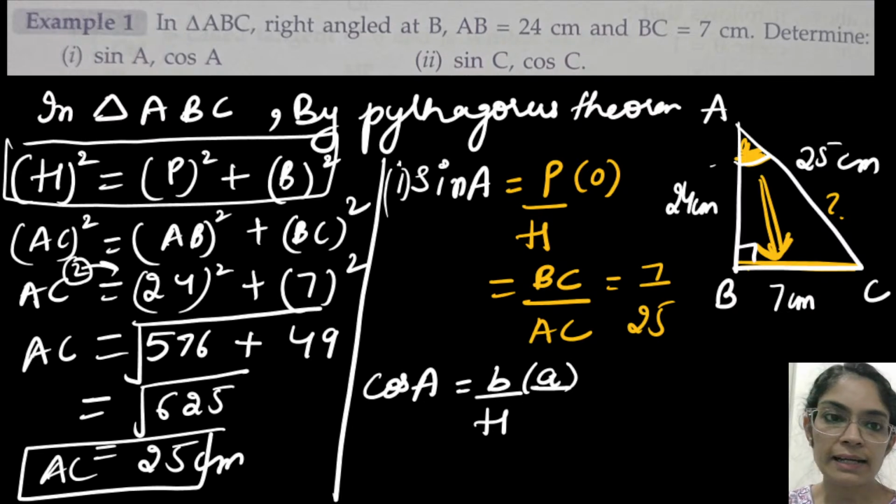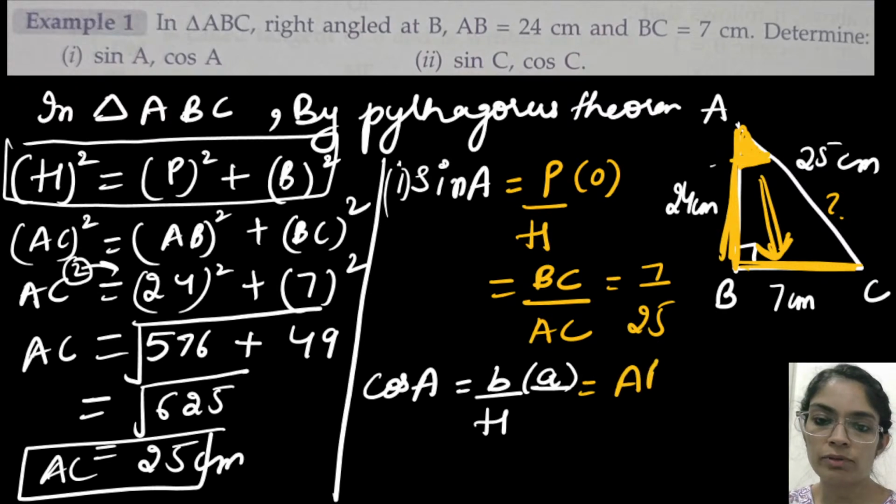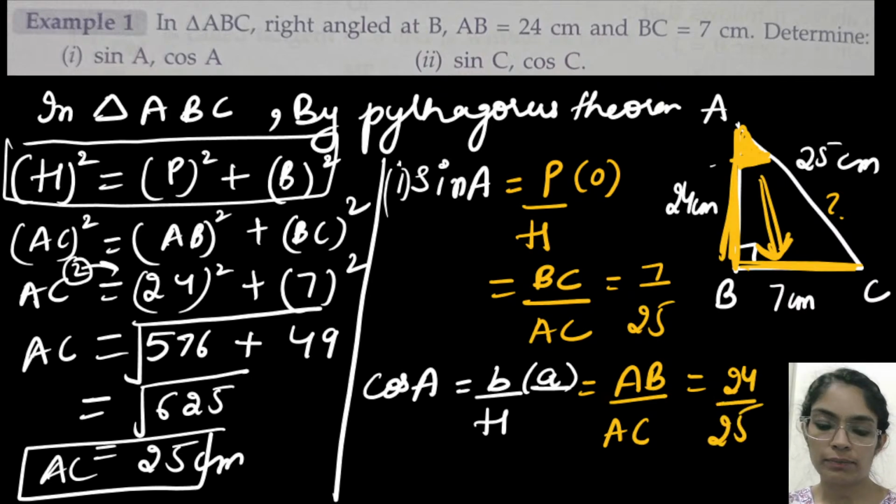The adjacent side means the side in contact with that angle, here angle A. Other than the hypotenuse, AB is in contact with angle A. So the base is AB and the hypotenuse is AC. AB is 24, so cos A is 24 by 25.